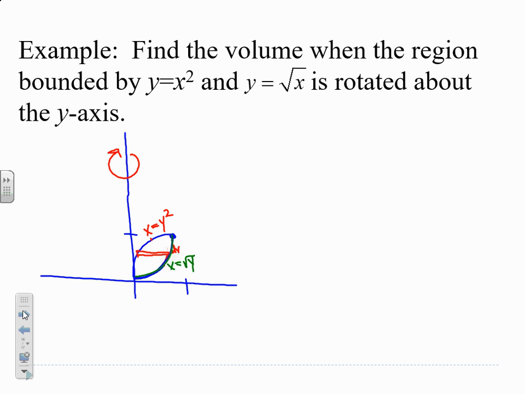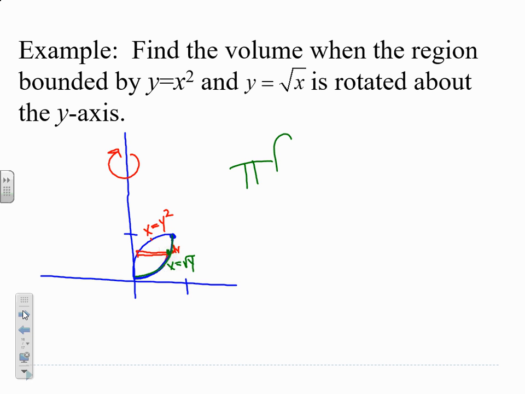Okay, since the y-axis is our axis of rotation, we're just looking at where is the right side of the rectangle and the left side of the rectangle, how far are they away from the axis of rotation, in this case the y-axis. So which one is further away? Radical y. Okay, radical y over here on the right side is the furthest away.